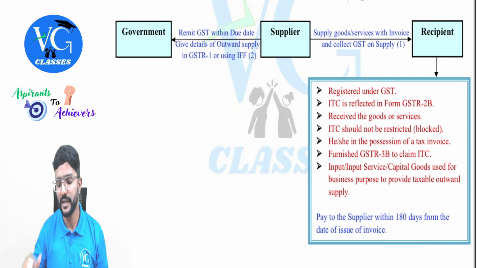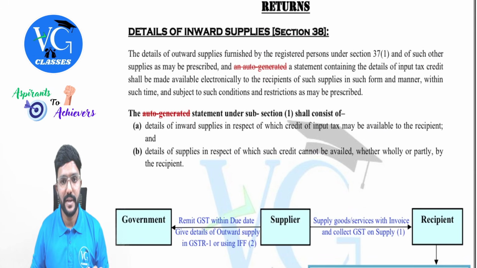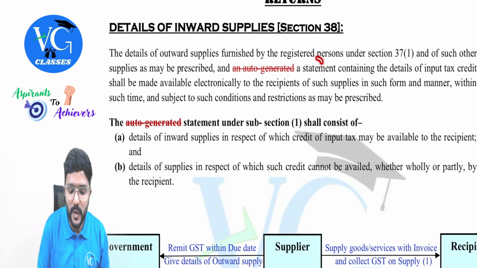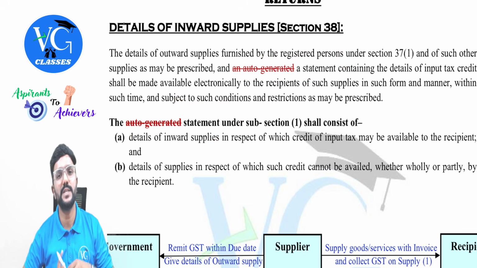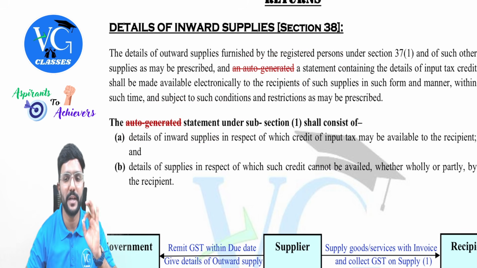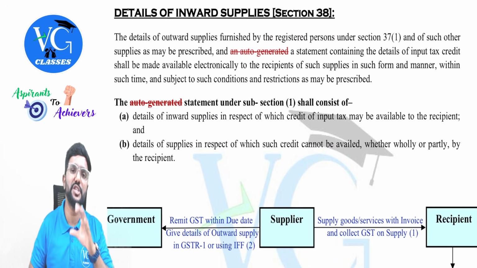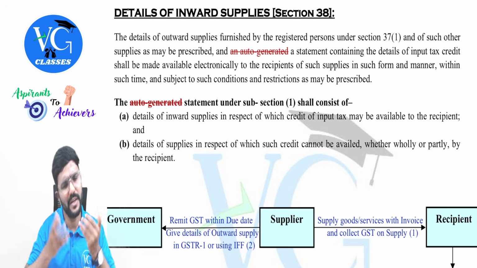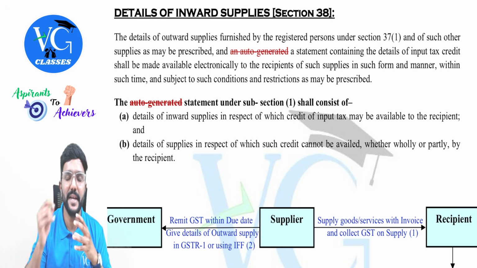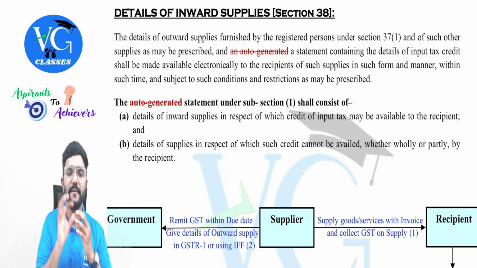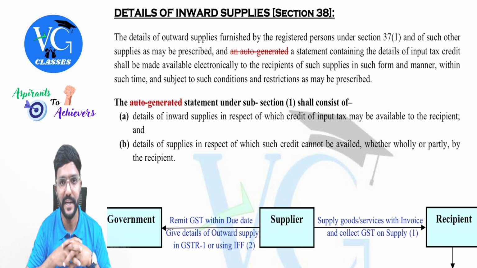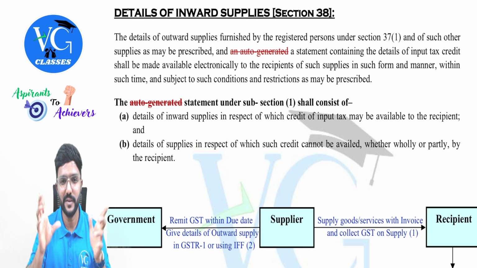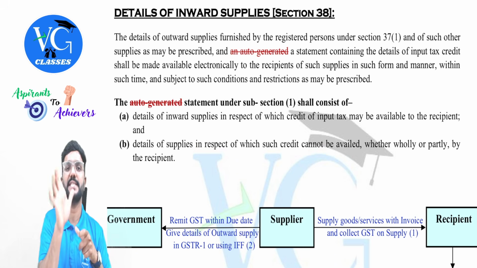Now, previously in section 38, this GSTR 2A or 2B, we used to call it an auto-generated statement, guys, because it used to get auto-populated from the information given by the supplier in GSTR 1 or the invoice furnishing facility. Even now, it gets auto-populated. But in real life, there are a few instances where we need to make some manual adjustments for credit. So that is why they have made an amendment in section 38, telling to remove that word auto-generated. Let it be only a statement.